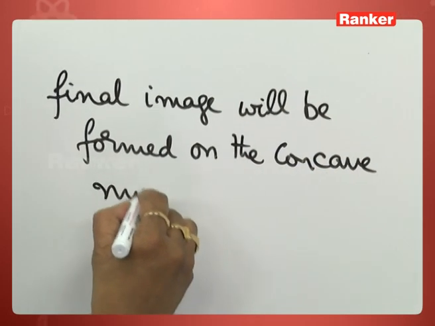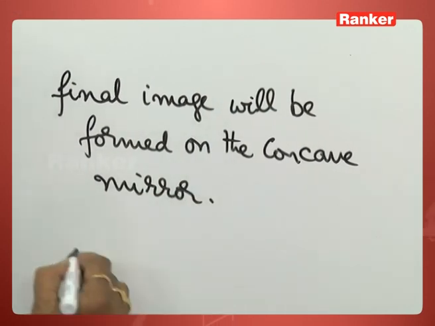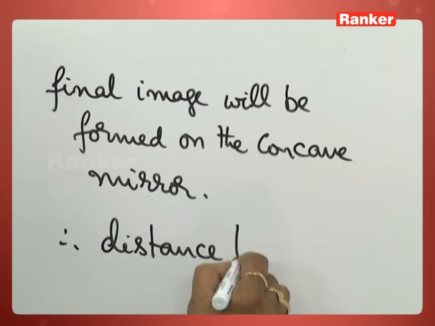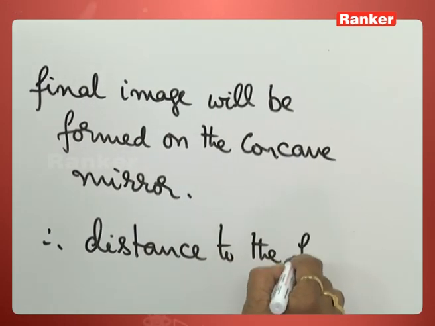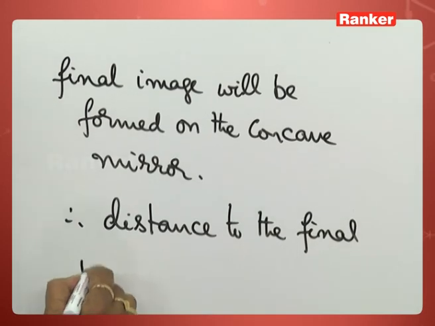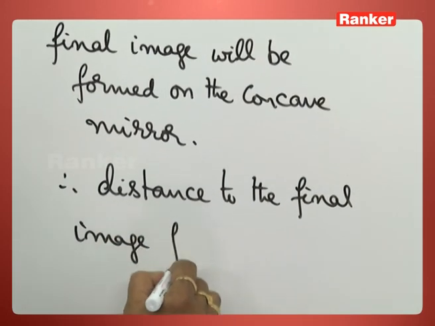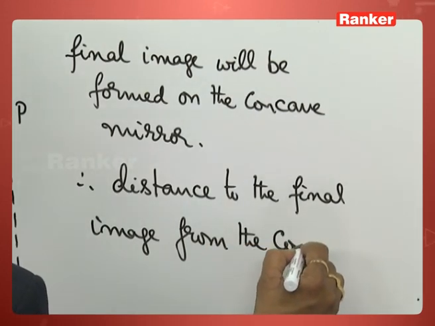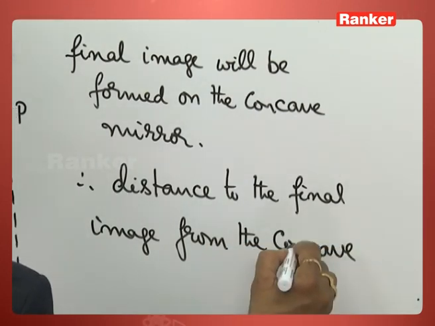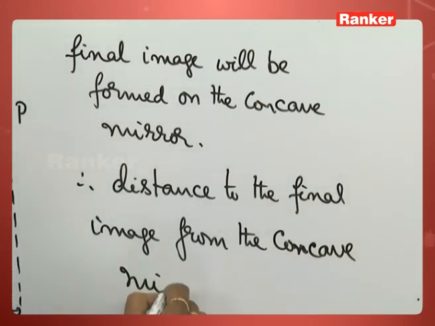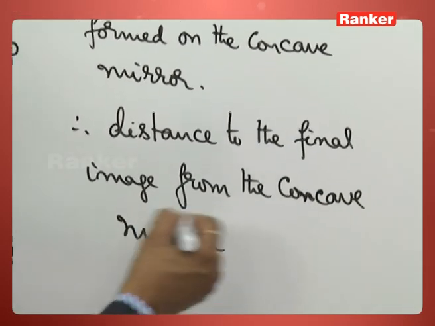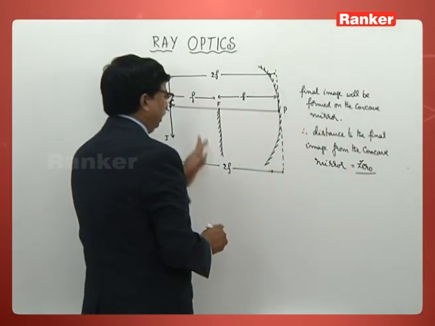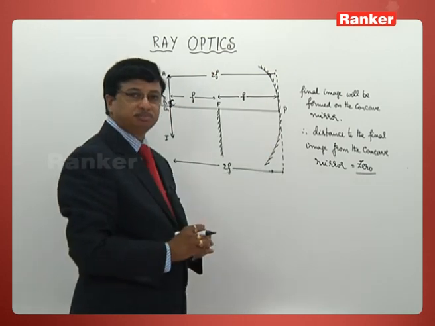Therefore, the distance to the final image from the mirror, from which mirror? The concave mirror. That's what he is asking. The distance to the final image from the concave mirror must be 0. It is rightly formed on the mirror.